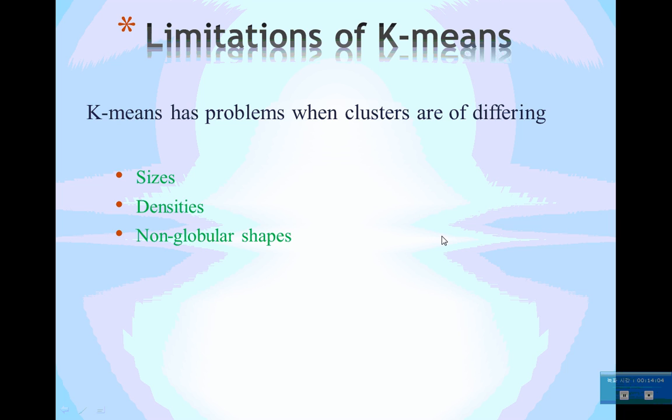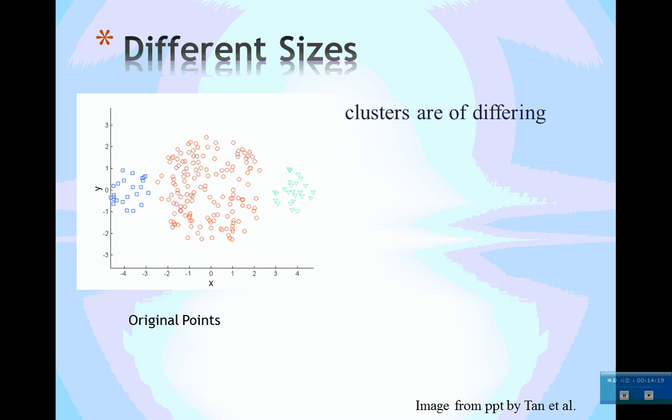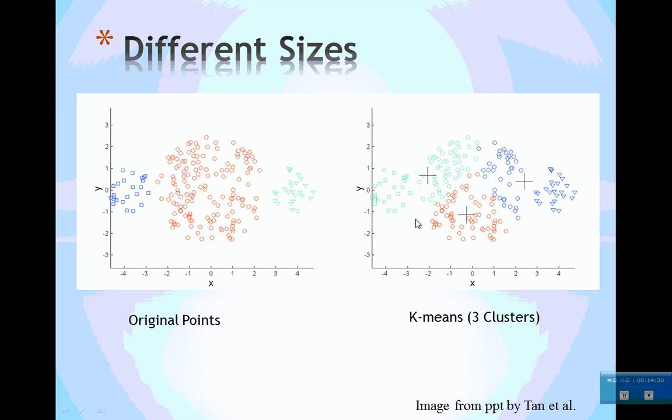So what kind of data can we use k-means clustering on? Here we list the kinds of data for which it is difficult to use k-means. First is different sizes. If the clusters have different sizes, it's not easy, because when we choose 3, we know here there are 3, but the final output is not what we want to see.